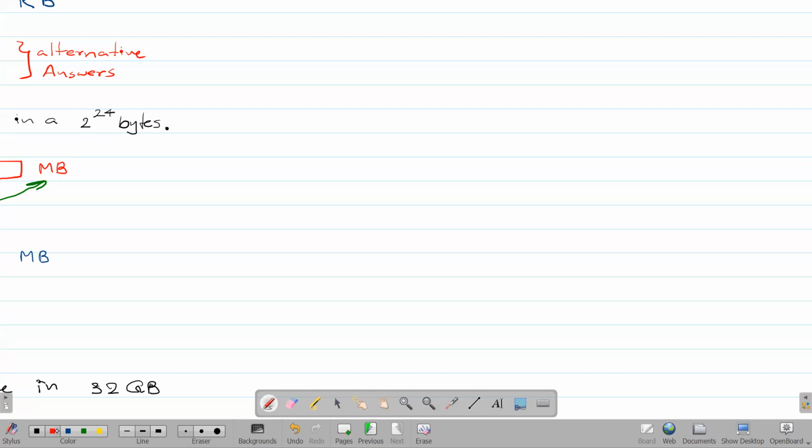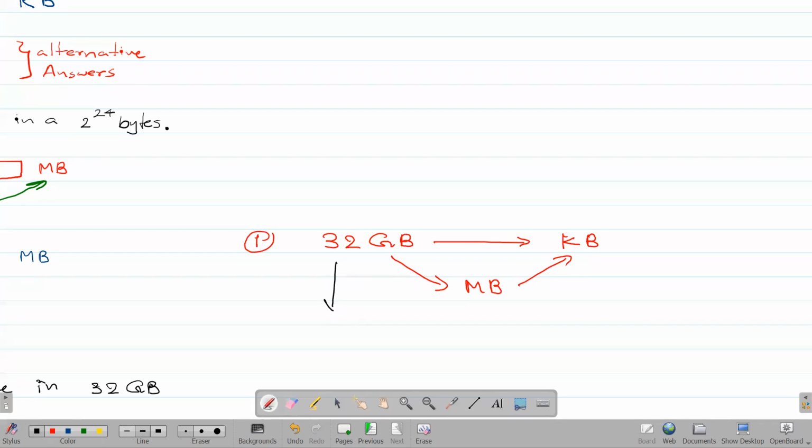So in the first question, the request was converting 32 GB into kilobytes, right? So the journey is going from gigabyte to megabyte, and from megabyte to kilobyte. All right, so what we are going to do is we are taking 32 as it is. For the gigabyte to megabyte conversion, we need 2 to the power 10.